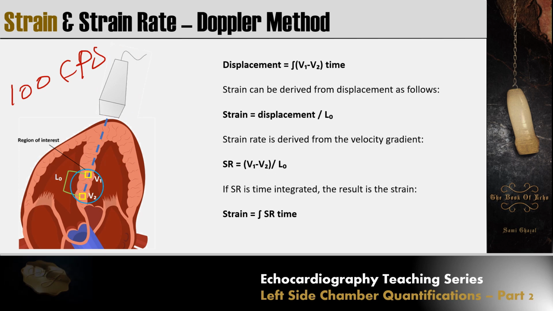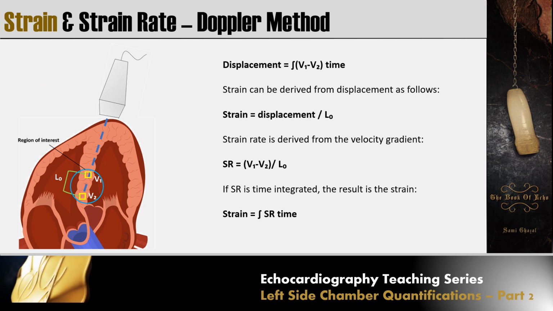But how do we measure strain with tissue Doppler imaging? It is a simple but smart way. First, we need to specify 2 areas and measure the velocities in those 2 areas. Let's say area number 1, we measure velocity 1. Area number 2, we measure velocity 2. And we know the distance between them is L0.